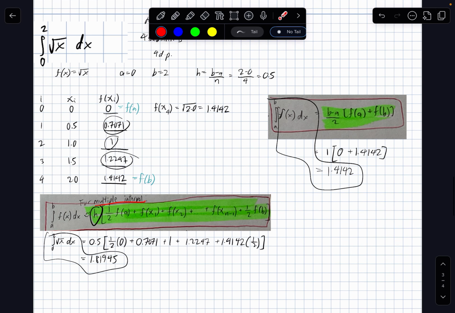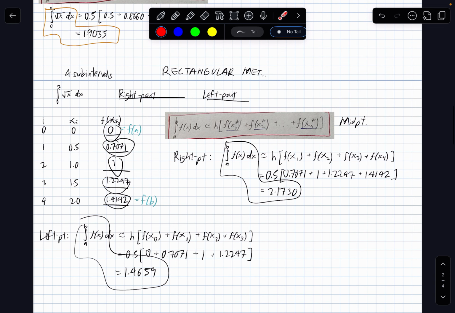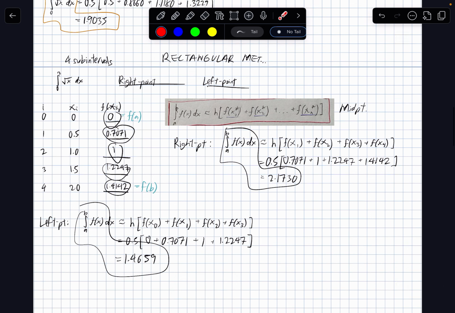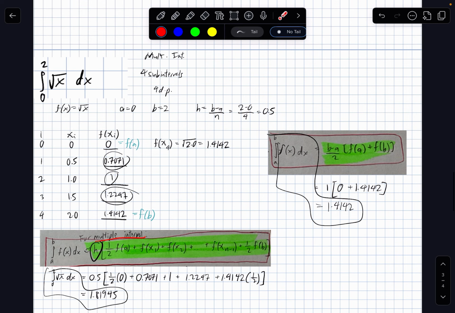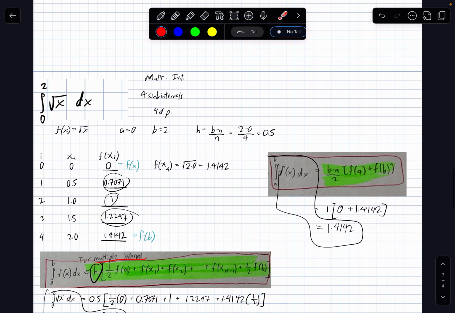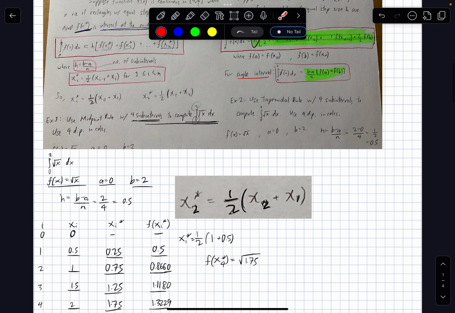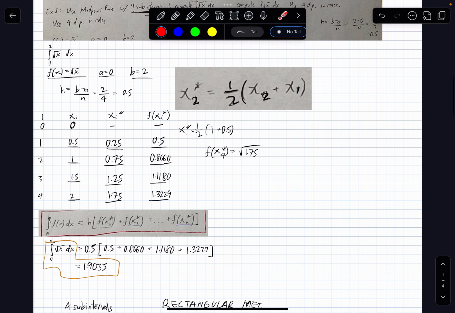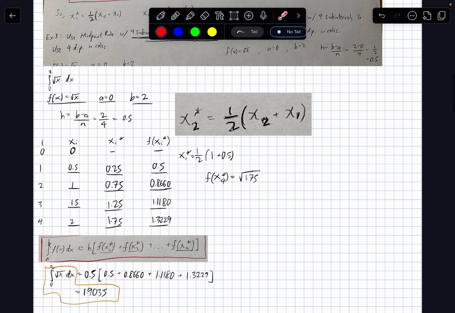No? For right and left point, we basically need to use the iterations that we develop as if we are solving using trapezoidal rule. Yung iterations ng midpoint rule is very specific for solving the problem by midpoint rule. It's only specific for midpoint rule, basically.